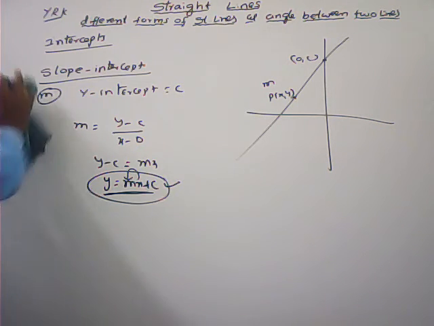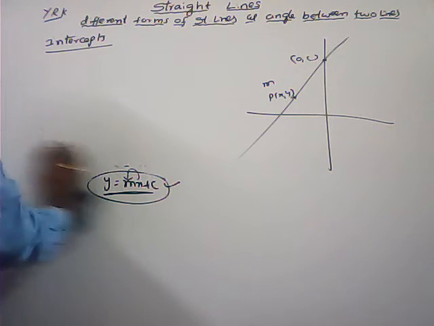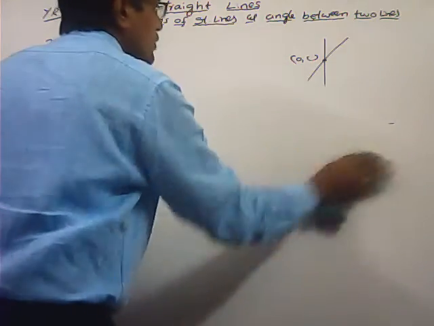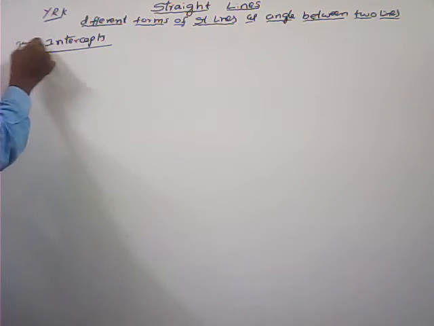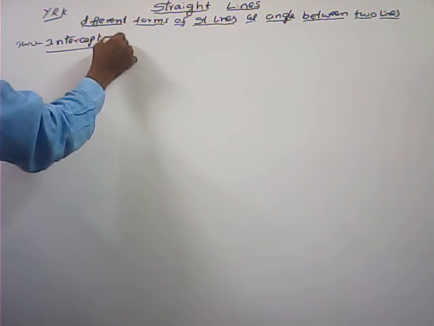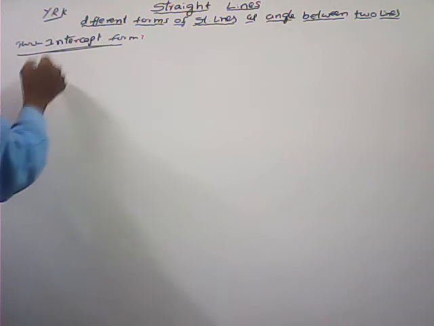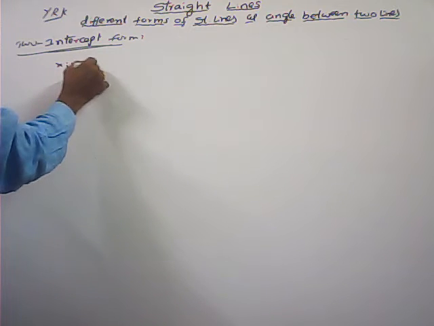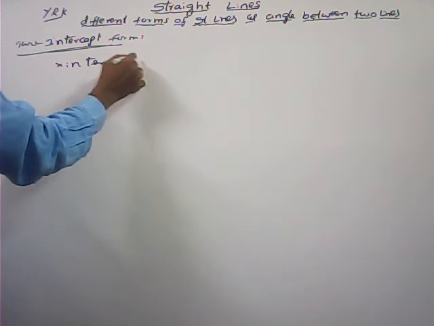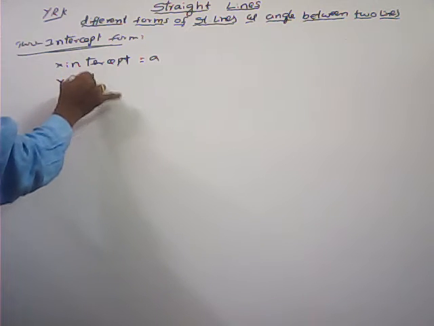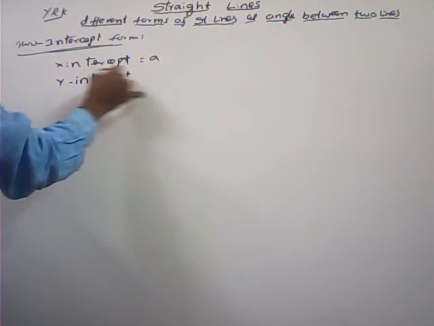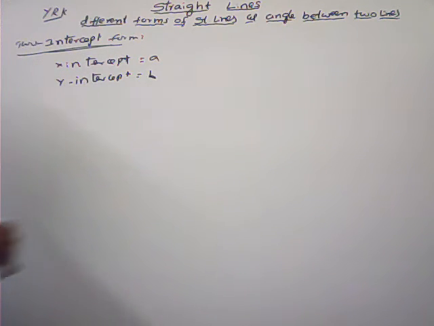Next, two-intercept form. Two intercepts are given, the x-intercept and the y-intercept both. How to find the equation of the line? Here I am taking the x-intercept equal to a, and the y-intercept equal to b.